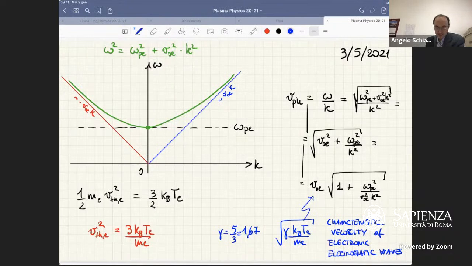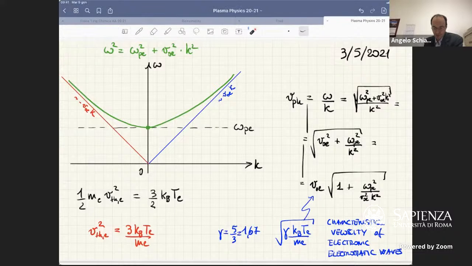So there's a slight difference in the square due to this factor, but basically they represent more or less the same characteristic velocity.